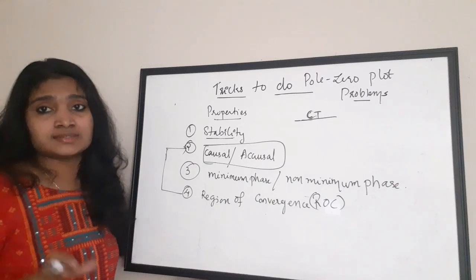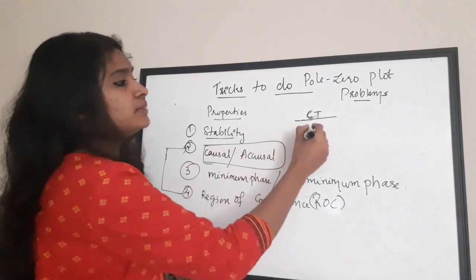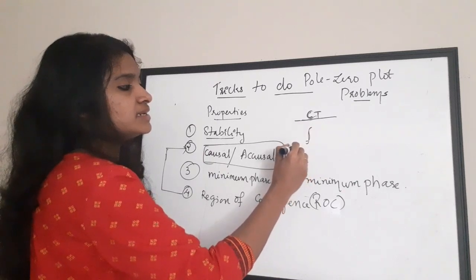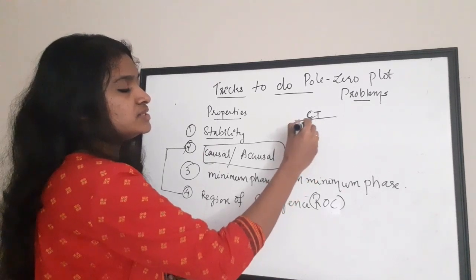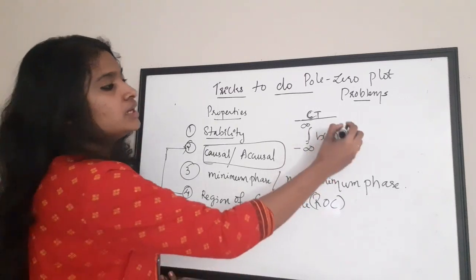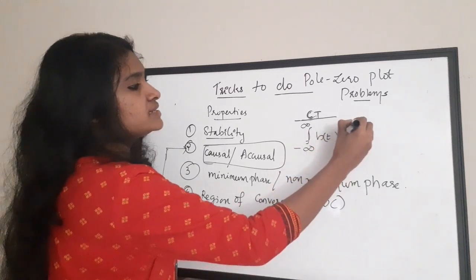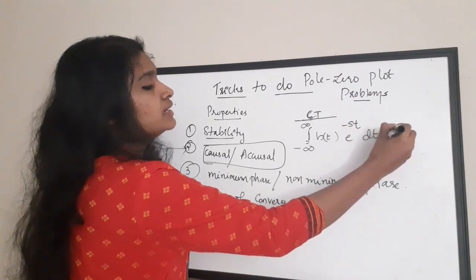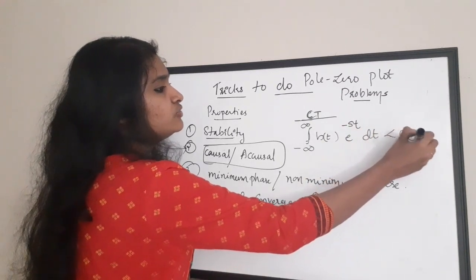The region of convergence for a continuous time system is defined as the region where the Laplace transform exists, or it can be expressed with the help of a condition: the integral from minus infinity to infinity of h(t), where h(t) is a given function, times e raised to minus st dt, is less than infinity.